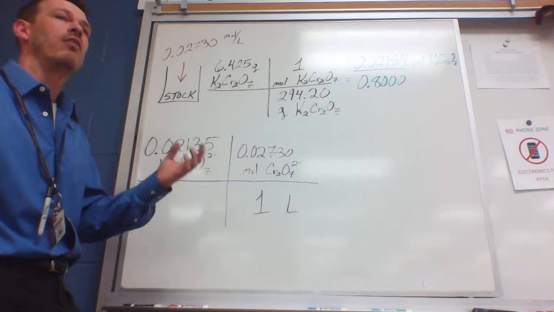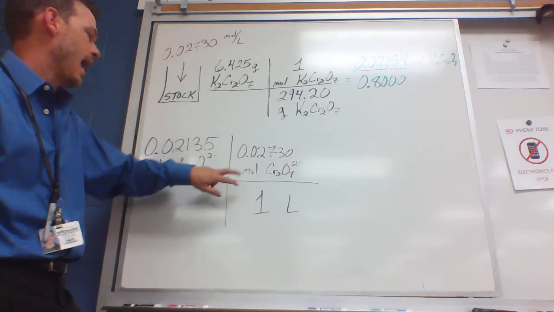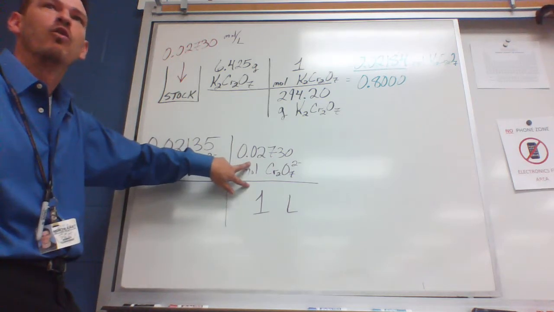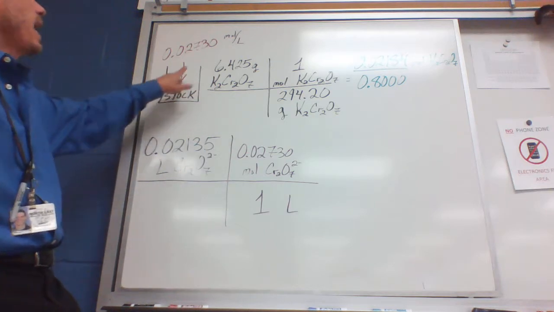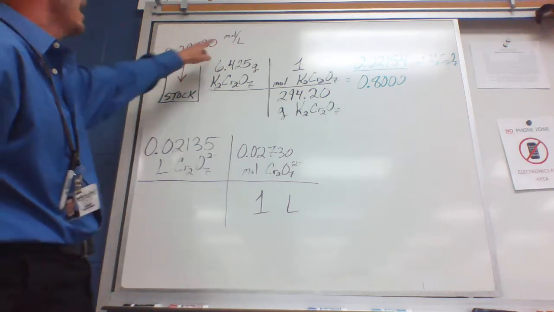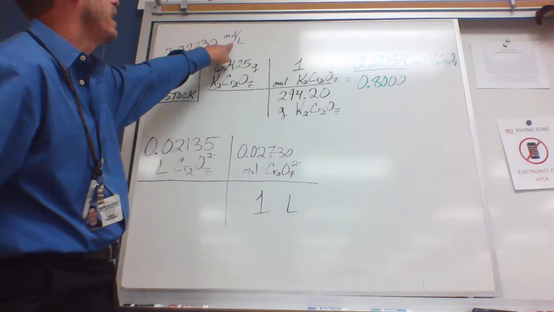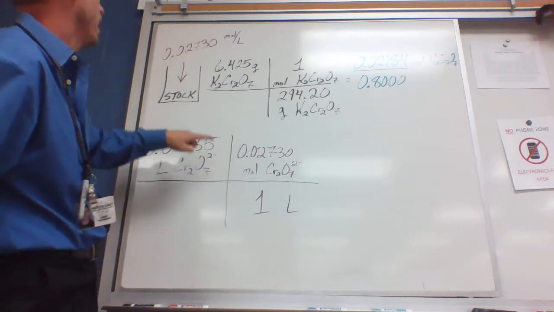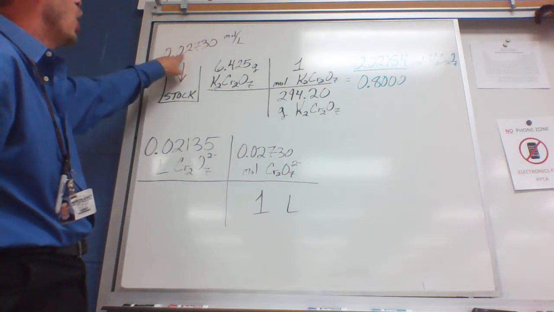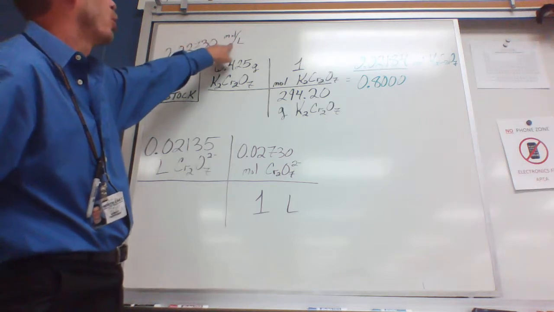Remember, the whole point of our dimensional analysis is to have squares equal each other that are over one another. We know that our entire molarity equation tells us exactly this. That line in the unit is that denominator line. So it says that there's 0.02730 moles per liter.